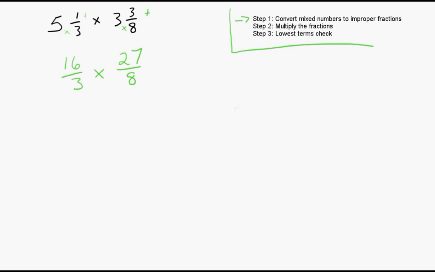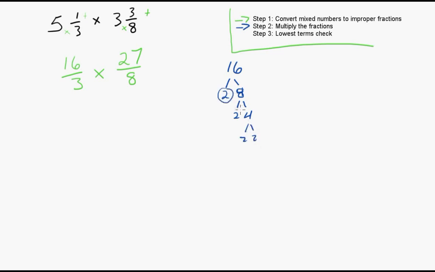Our next step in the process is to multiply the fractions. Now we don't want to multiply these fractions directly, as 16 times 27 is math that I don't really want to do. So we're going to break these into some smaller prime factors. 16 breaks into 2 times 8, which breaks into 2 times 4, which breaks into 2 times 2.